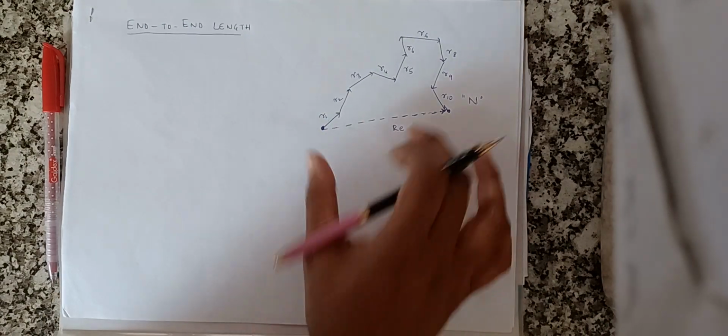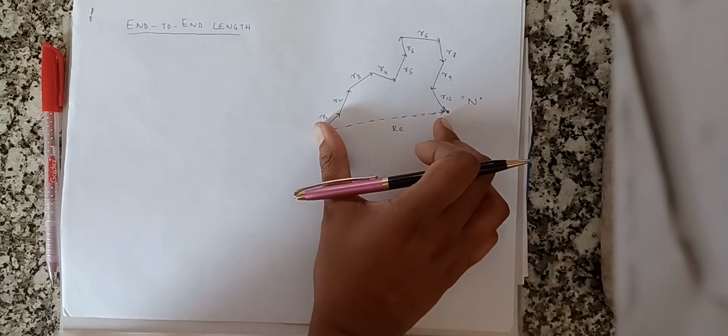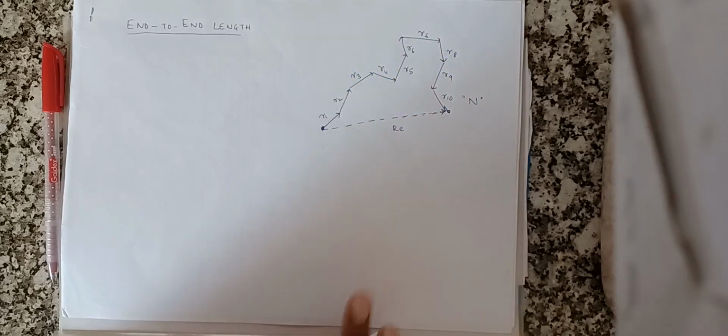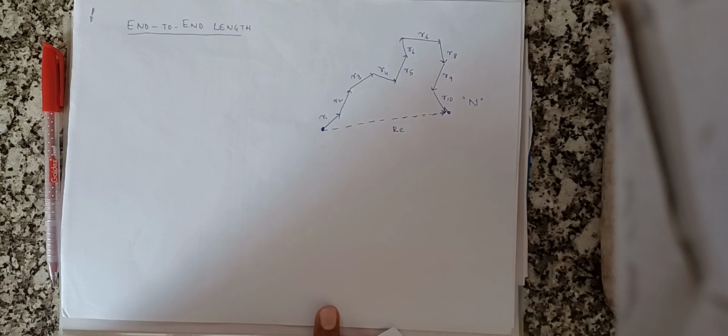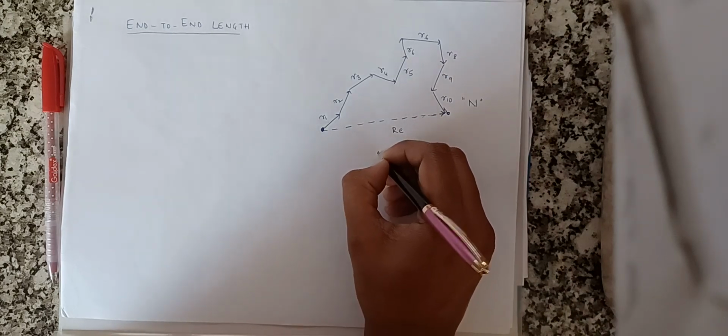To measure what this RE will be in terms of the features of the polymer chain, that is the length of each of the monomers, we considered another origin, 0.